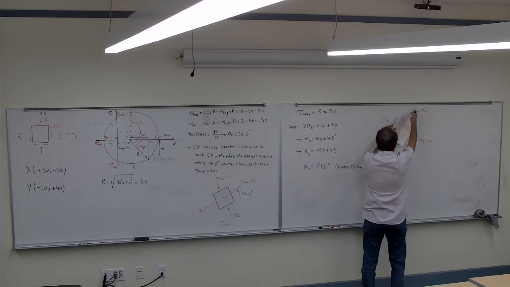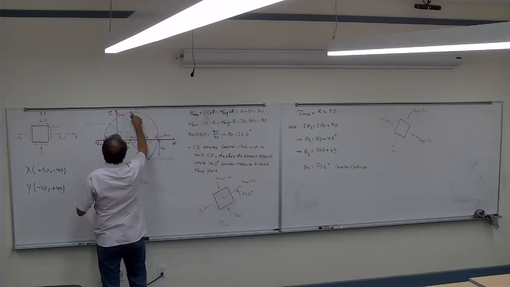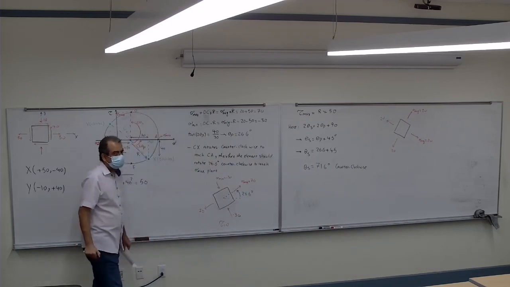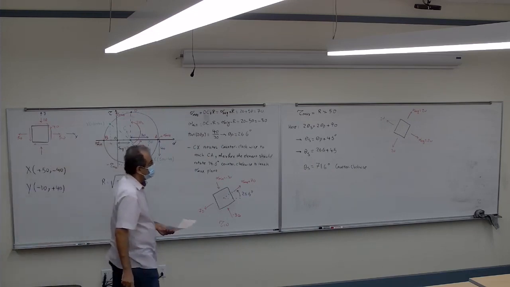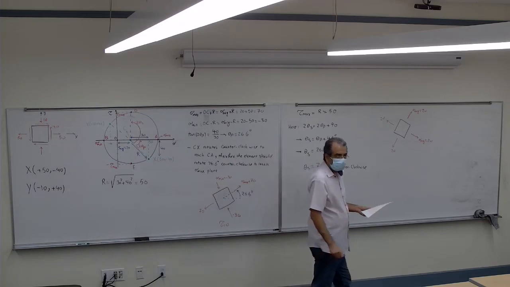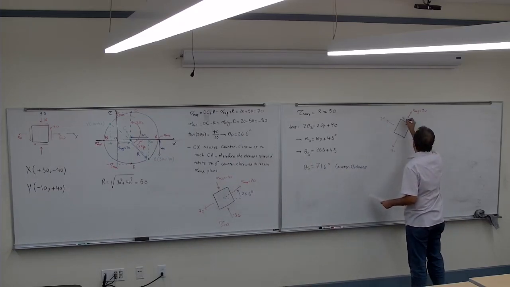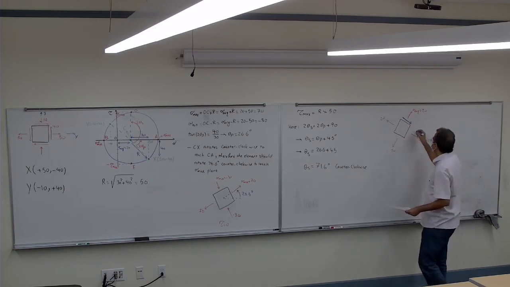That's x, I went to the x prime, so from here I rotated to that point. So is tau at that point positive or negative? If it is positive, it should be clockwise. As soon as you have one of them, you can get the other three.